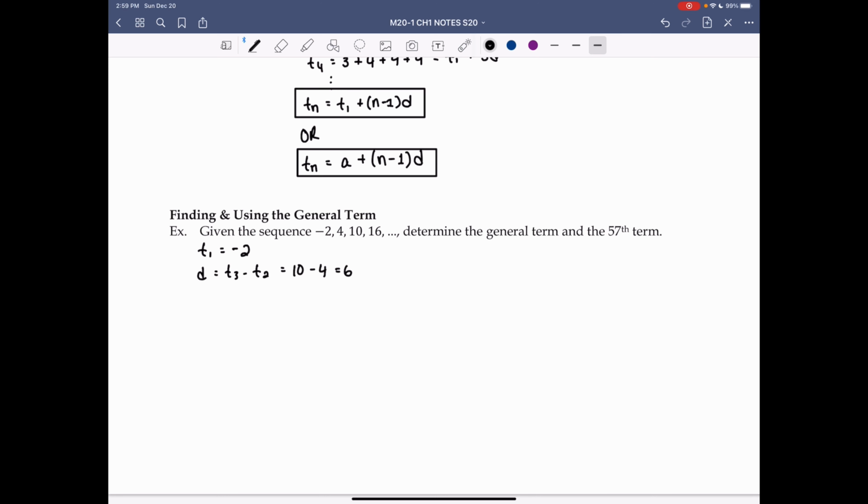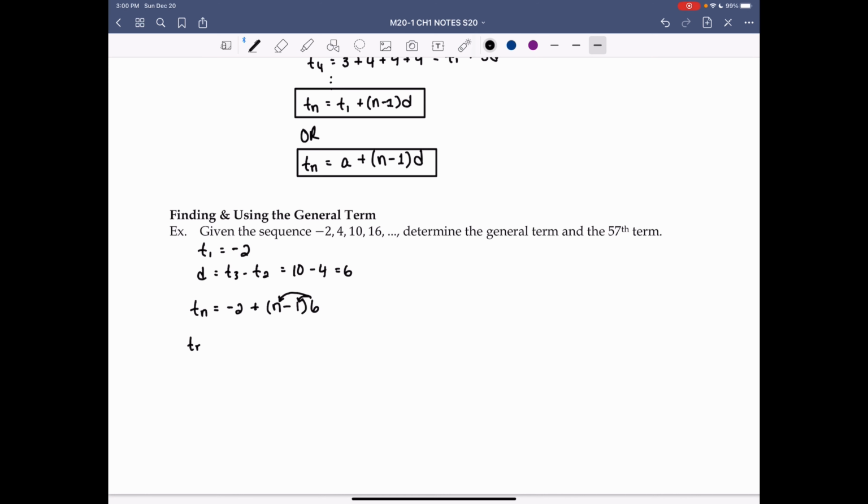Then I can write tn, the nth term, using the formula that I just discovered above, t1 plus n minus 1 times d. t1 is -2 plus n minus 1 times d, which is 6. Then we need to simplify the general term always, so multiply the 6 into the brackets.